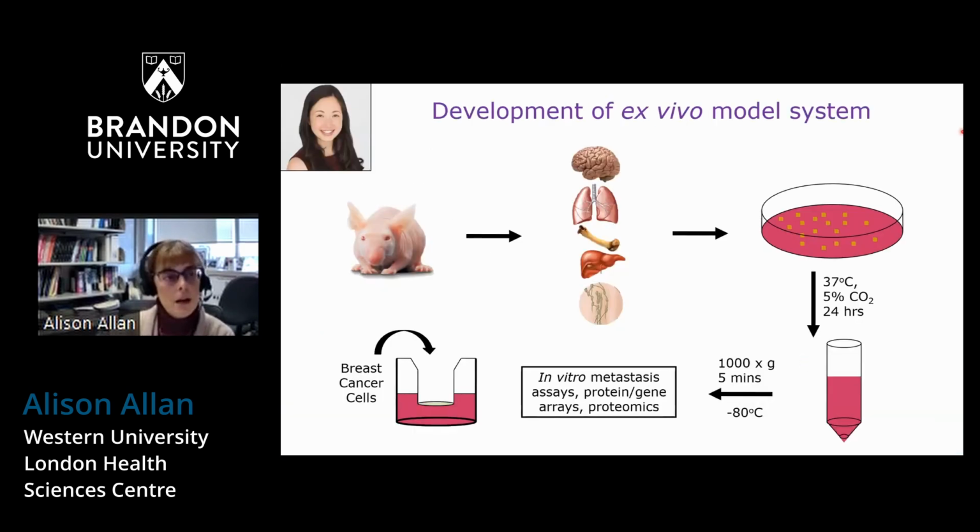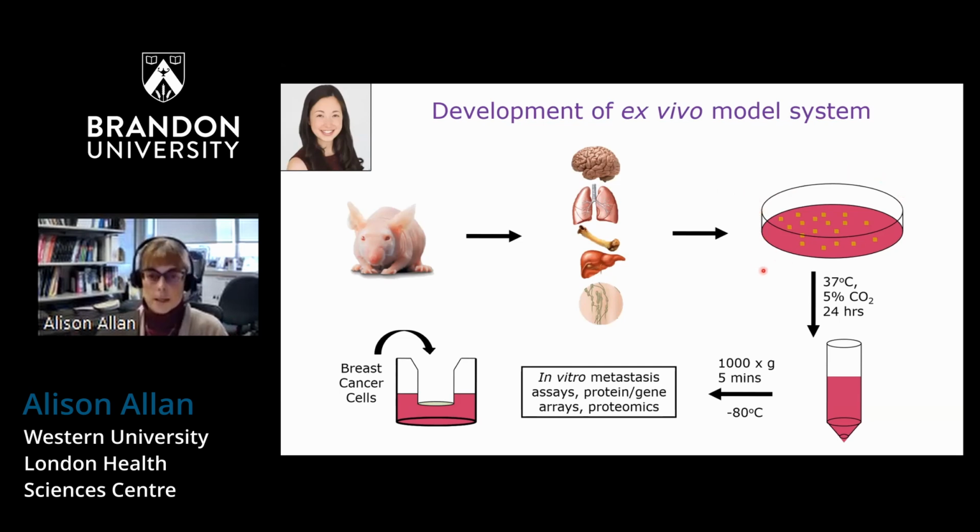So then along comes another super bright grad student, Jenny Chu, who decided that in order to address this, since there wasn't really a great model system, she was just going to develop her own model system. So Jenny harvested the common sites of breast cancer metastases, these organs, from normal mice, and she cultured them in media.